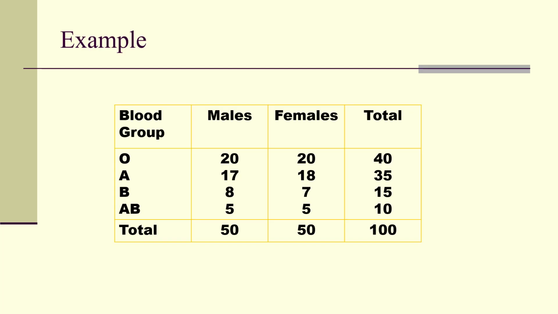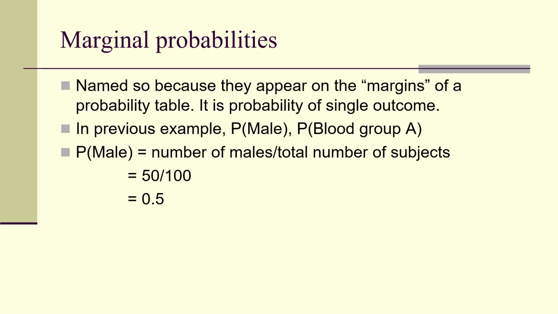I'm going to use this example to demonstrate how to compute marginal and conditional probabilities. Let's say there is a hypothetical population of 100 people. The individuals are placed in this table according to their gender and blood type. Marginal probabilities are named so because they appear on the margin of a probability table.